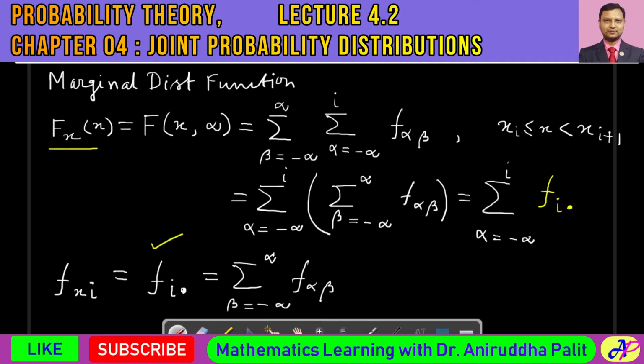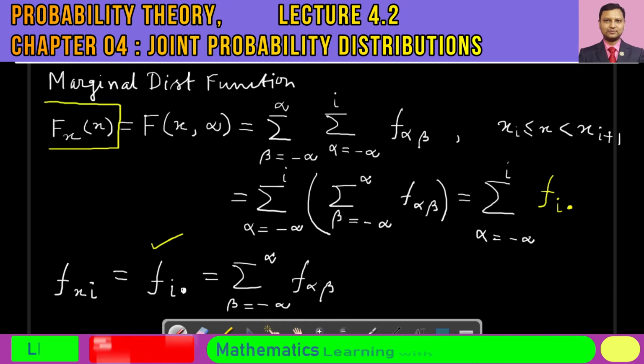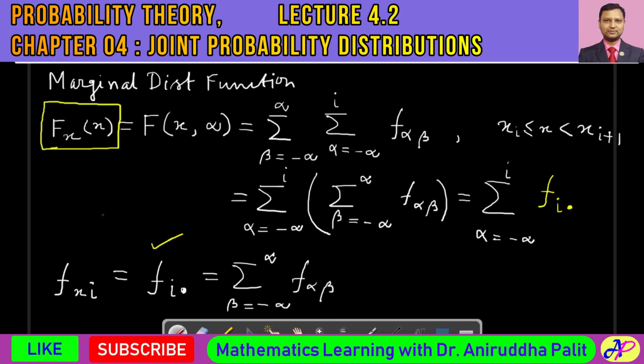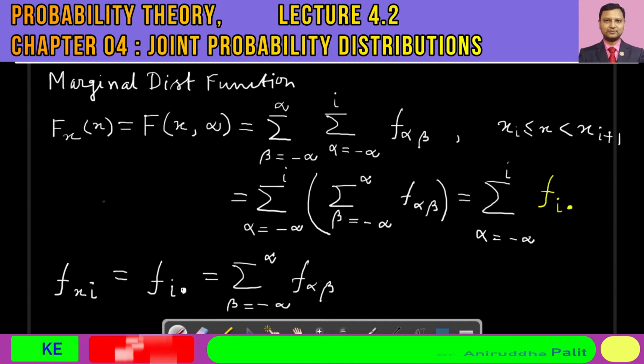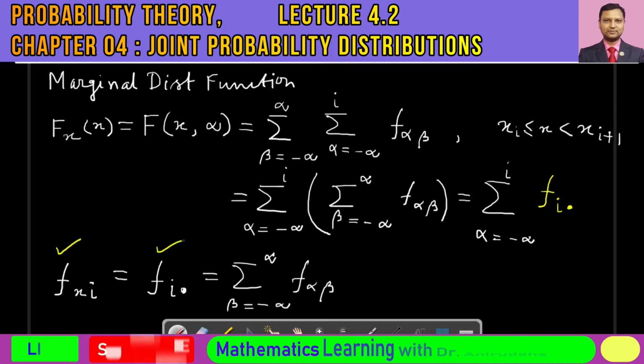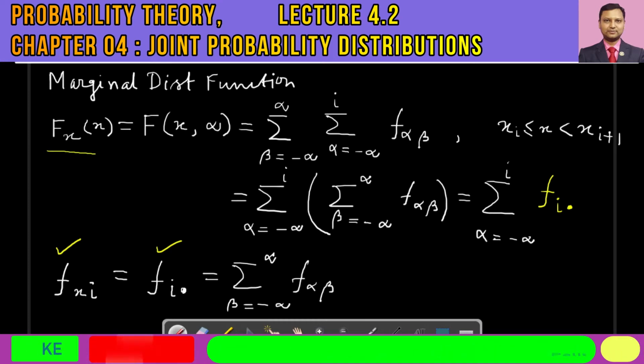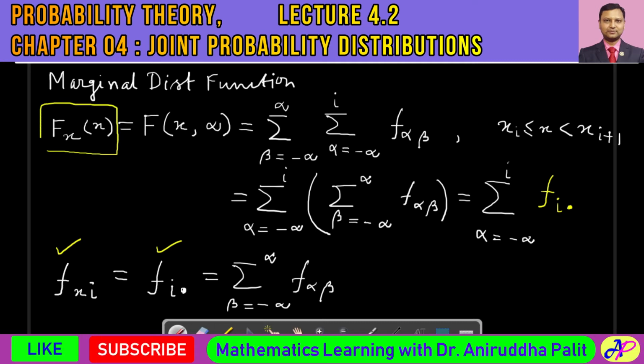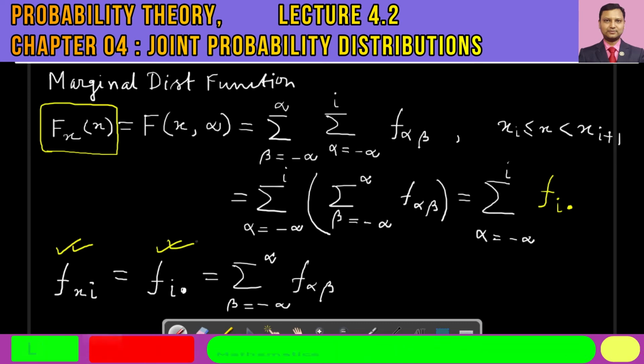Capital F suffix x is the distribution function of the marginal distribution, and whichever notation you follow, these are the mass functions of the marginal distribution of x.